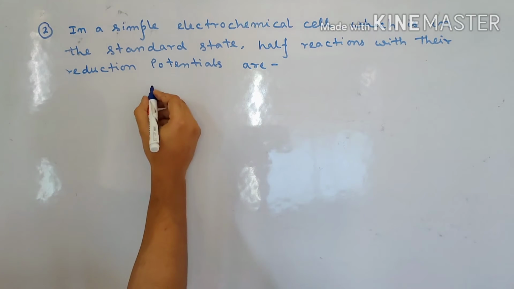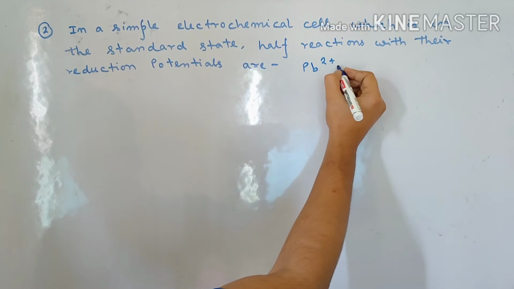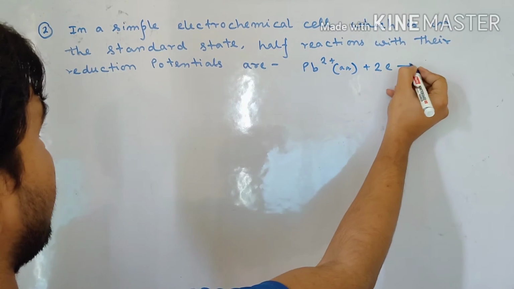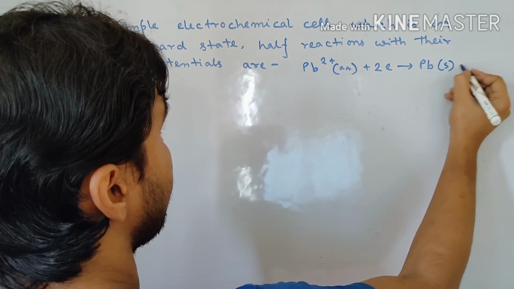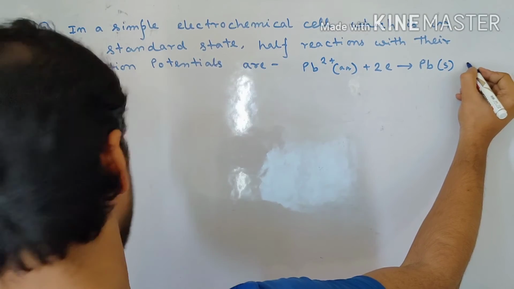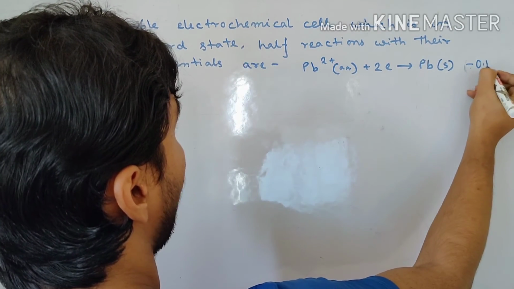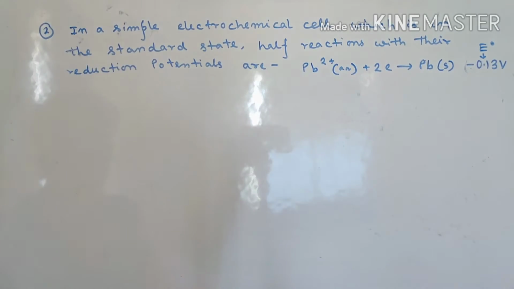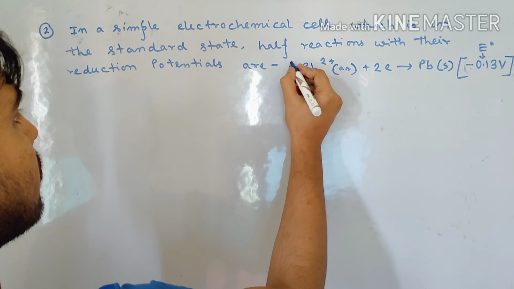These two are given. One is Pb2 plus aqueous plus 2 electrons giving rise to lead, which is solid. E0 value is given as minus 0.13 volt. This is the E0 value, mind you. First equation.